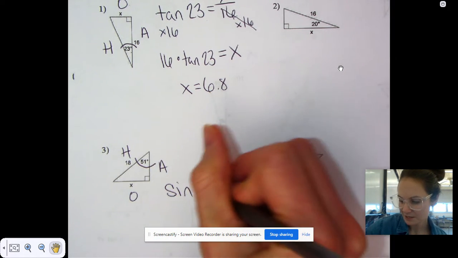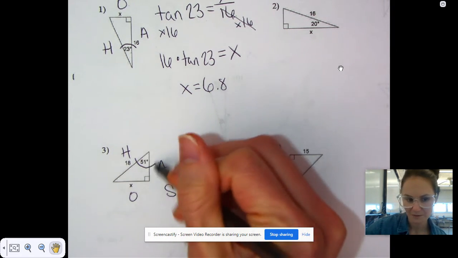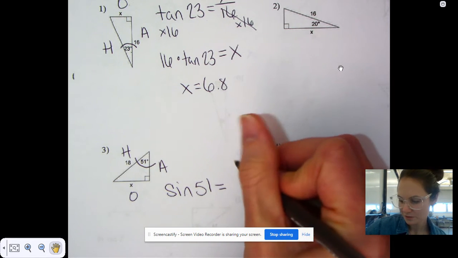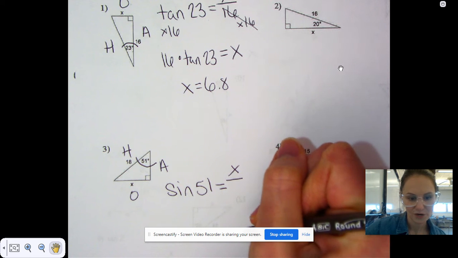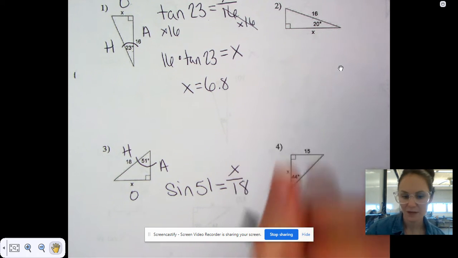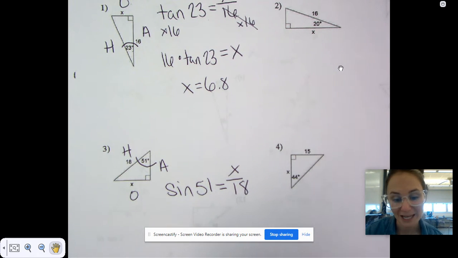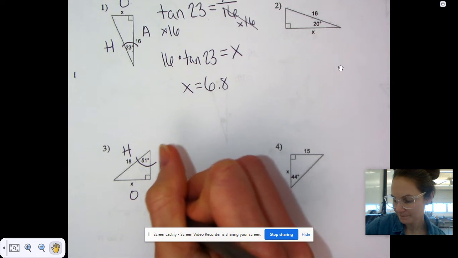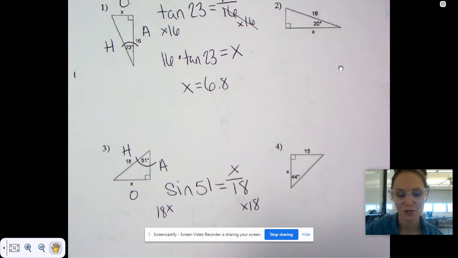Sine of the angle measurement is equal to O over H. We can see on this one, I'm going to be doing multiplication again, multiplying each side by 18 and getting my answer. So I'm typing in 18 times sine 51 for that answer.